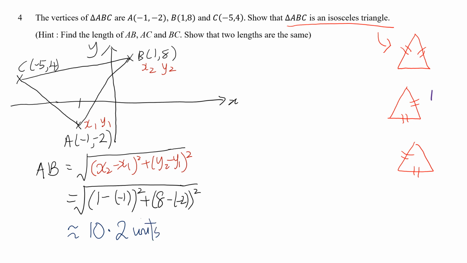All right, so let's do the same for BC. So in this case, I've already labeled point B as x2, y2. So I'm just going to label this as x1, y1. Okay, so that's fine, BC. Right, let's write down the formula.